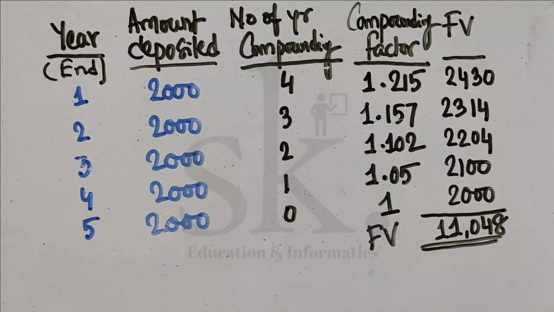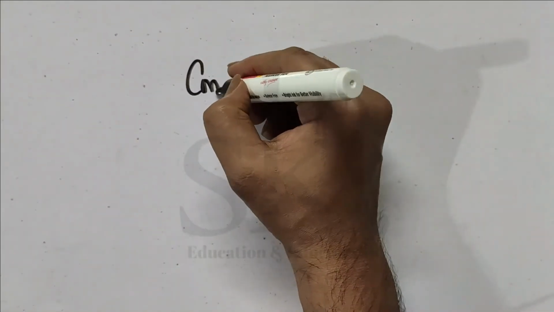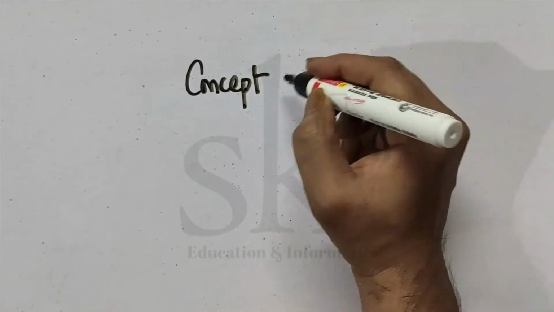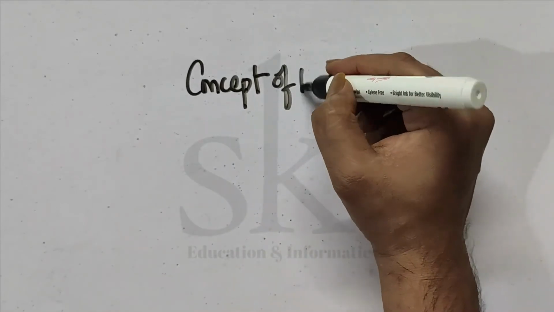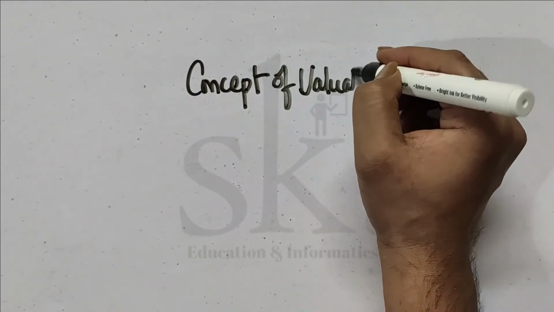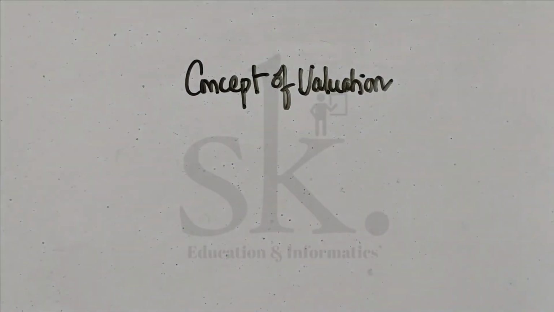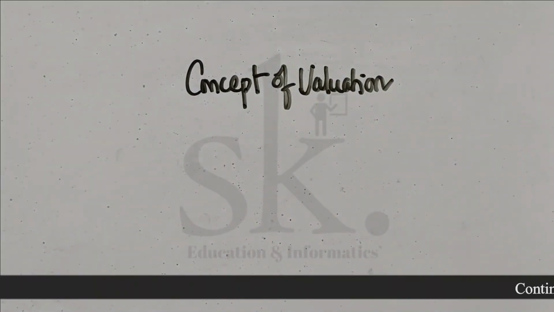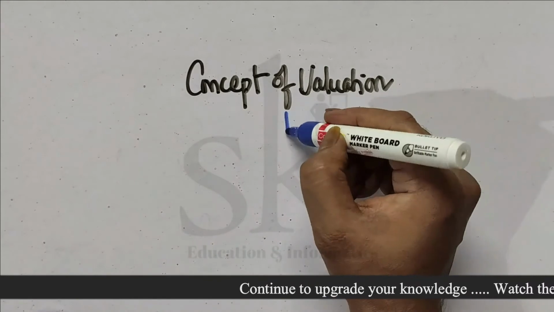So this, from the point of view of the chapter concept of valuation, if you remember, we discussed in the first video of this particular chapter, concept of valuation. We said concept of valuation, there are two techniques. If you have gone through the first video, you'll remember that we said there are two techniques.